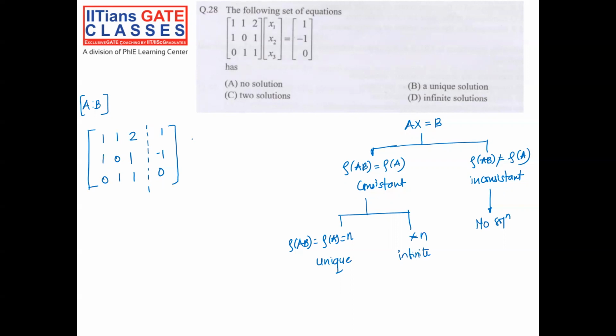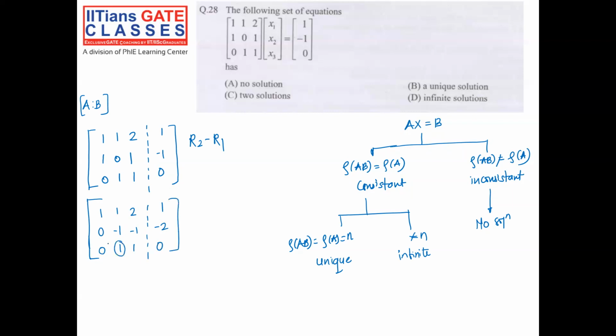I'll perform the first operation, R2 is equal to R2 minus R1, because we want to make this term 0. So the first row will remain the same. Second row will become 1 minus 1 is 0, 0 minus 1 is minus 1, 1 minus 2 is minus 1, minus 1 minus 1 is minus 2. And the last row will again remain the same, because we have not yet performed an operation on the last row.